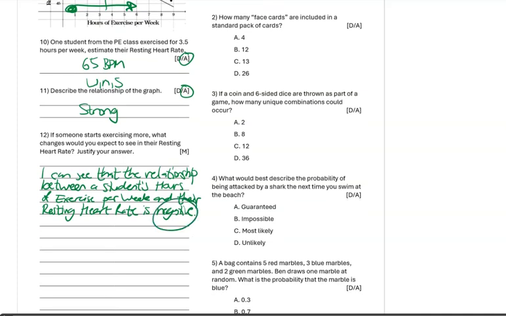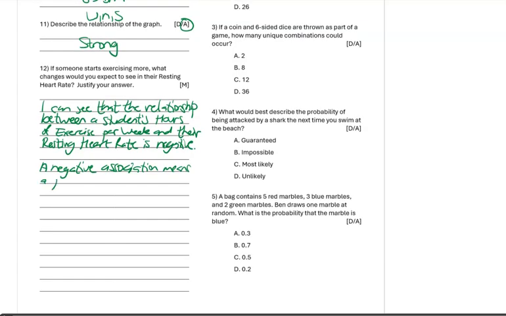So we now need to talk about, well, what does negative actually mean? So a negative association means a person's change in exercise per week would have the opposite change in their resting heart rate.